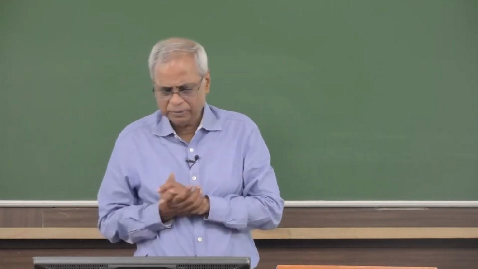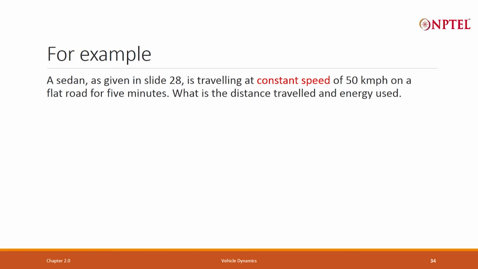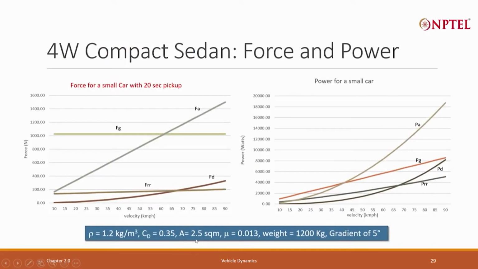So, I will take an example, a sedan which is driven at a constant speed of 50 kilometer per hour, and let us assume this is the vehicle. This is the vehicle sedan, it is in slide number 29 here, not 28, because I probably added a slide here.